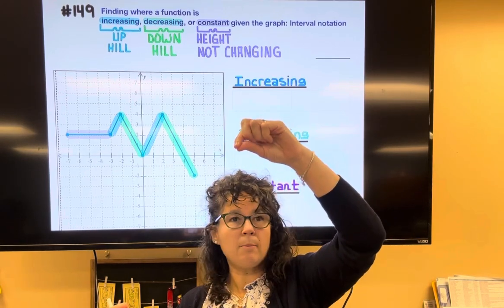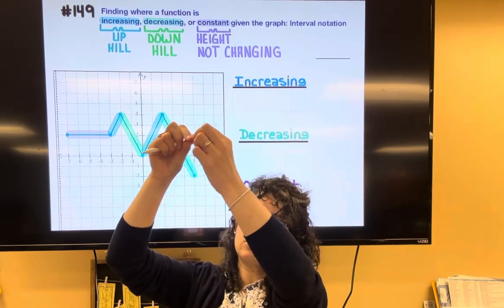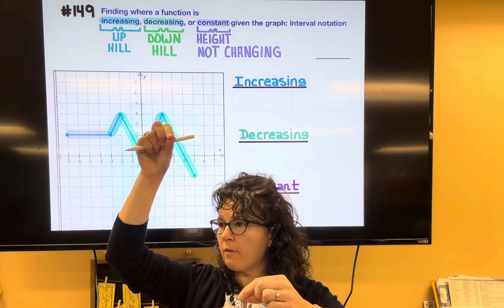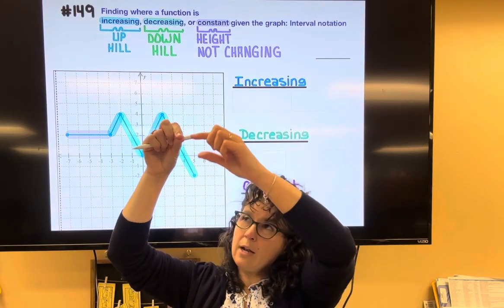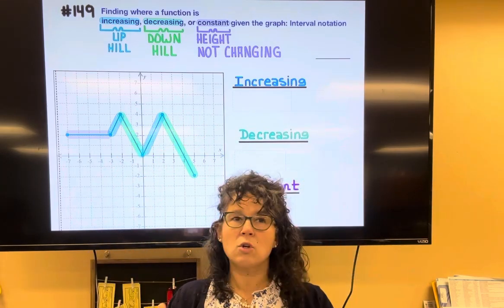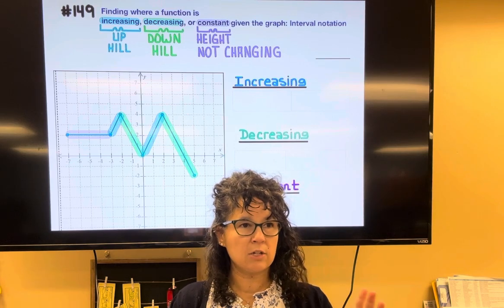And so that's why the point at the top is not included. And then if we start going downhill, we get to the bottom of a valley, we're no longer going downhill, but we're not yet going uphill. So the bottom of the valley is also not included in increasing or decreasing.